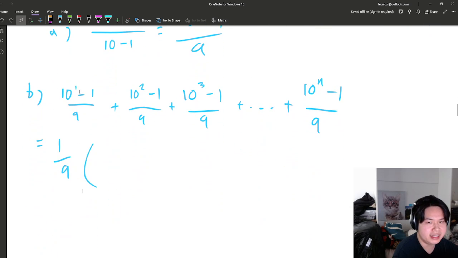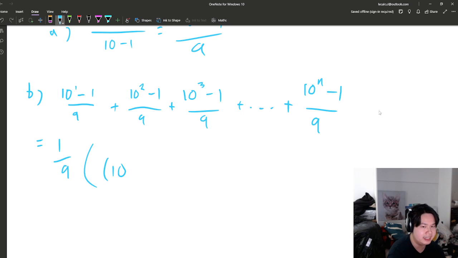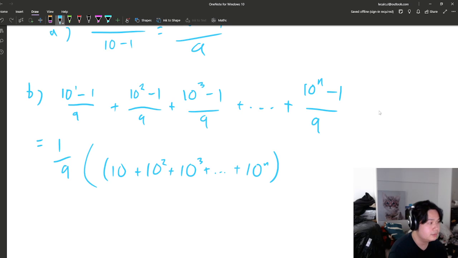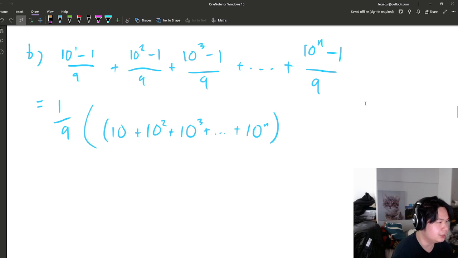Okay, and then we're going to add all of these terms together. And the way that we're going to do it is we're going to rearrange them, and I'm going to add all of the 10s together. And then I'm going to add all of the 1s or minus 1s together. So I'm going to add all the minus 1s together.